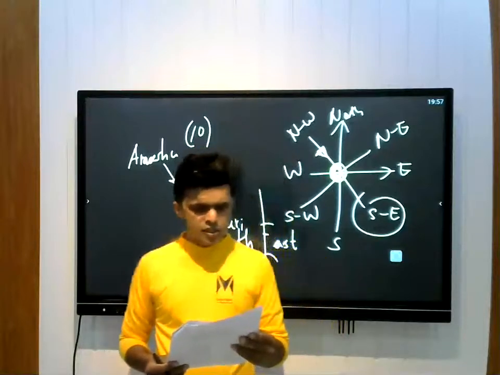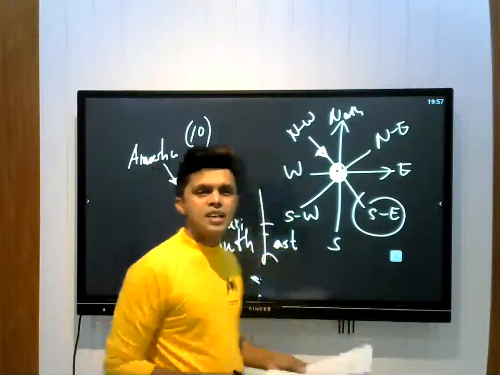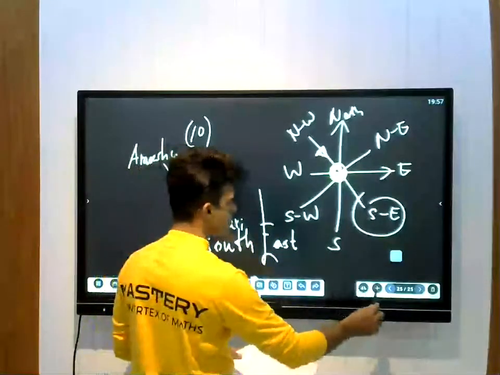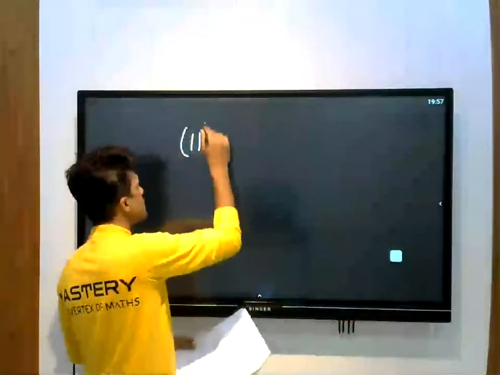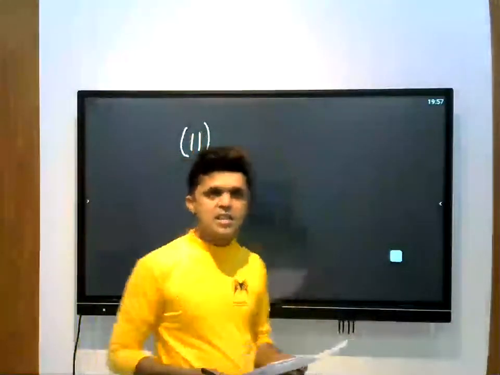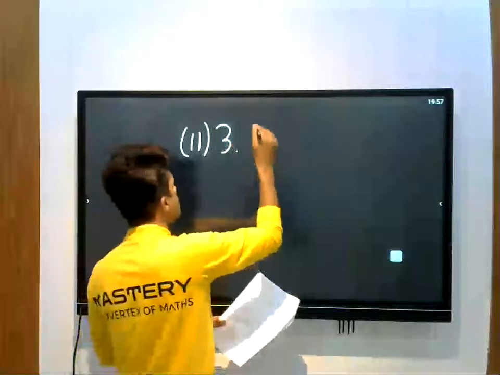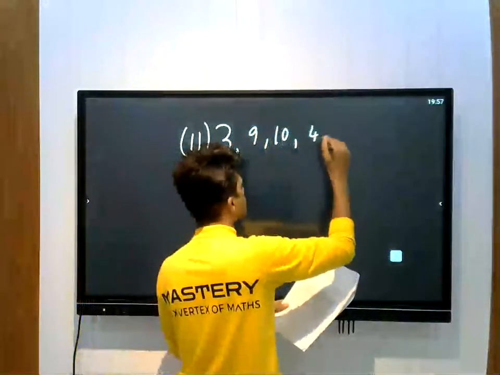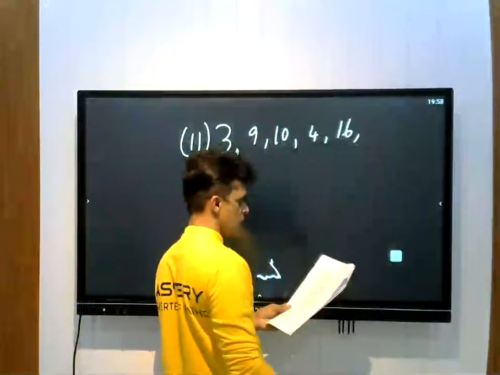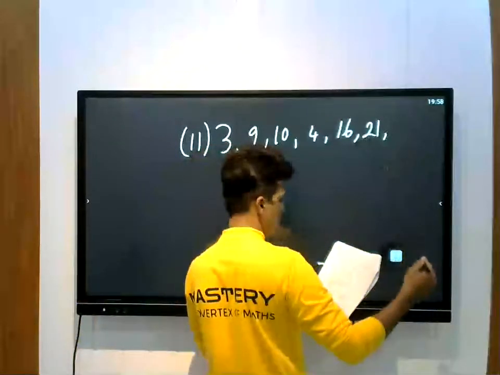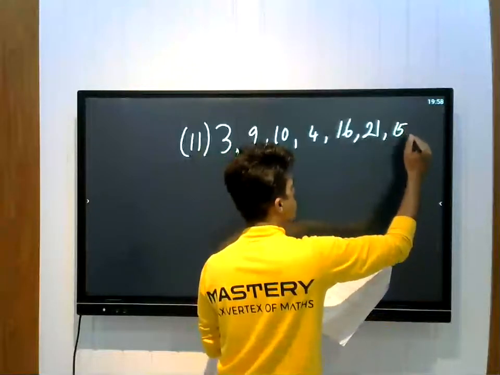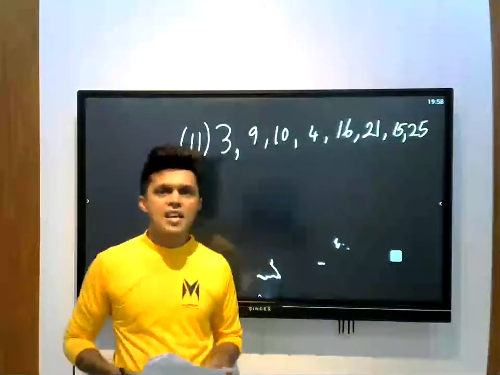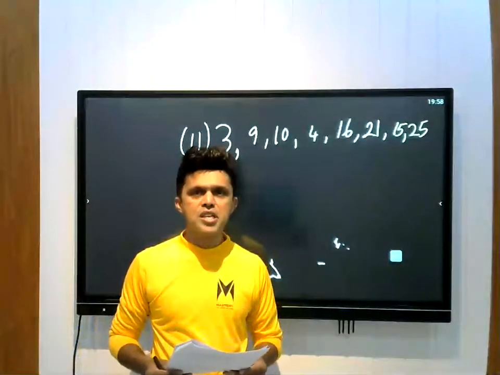Okay, let's discuss the 11th question. In the 11th question, it has given the numbers 3, 9, 10, 4, 16, 21, 15, 25.